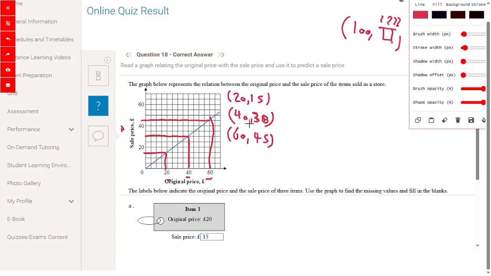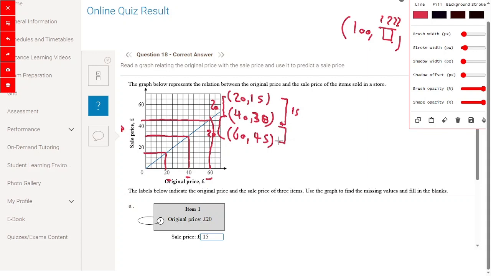Now as we see, let's look at the difference between each point and the other. Here I'm increasing x, the original price, by 20. 40 to 60 is 20. And for y, from 15 to 30, this is 15.